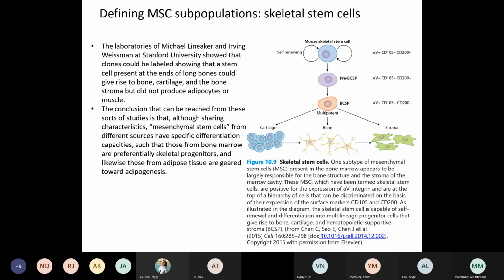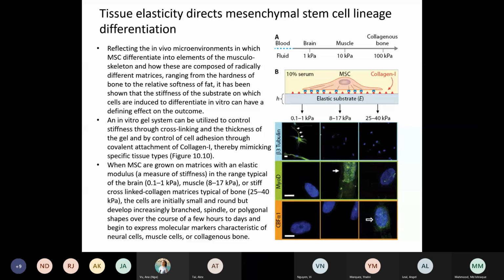It's just one example, and that conclusion may not be true. It's just the start of further exploration of subpopulations of mesenchymal stem cells.